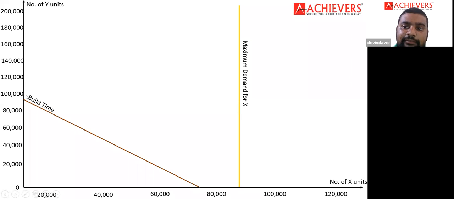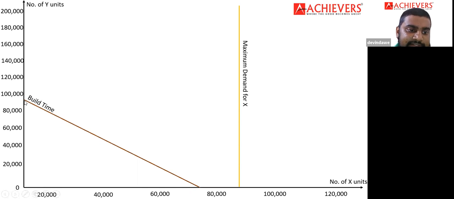Now what you will see is, like I told you earlier, at 90,000 Y units, the number of X units is 0. Here, can you see? At 90,000 Y units, at this point, X units are 0 because the entire resource is allocated to Y only. Then at X is 75,000, here on the x-axis coordinate 75,000 units, at this point the number of Y units you will see is 0 because we assume that the entire resource is allocated only for X. So always it will touch the x-axis as well as the y-axis, right?